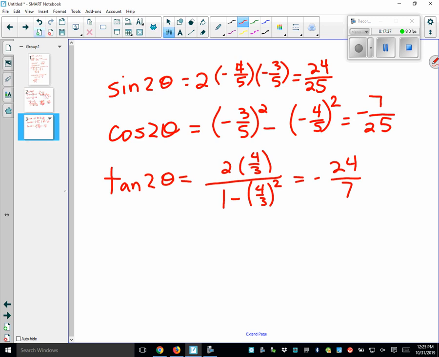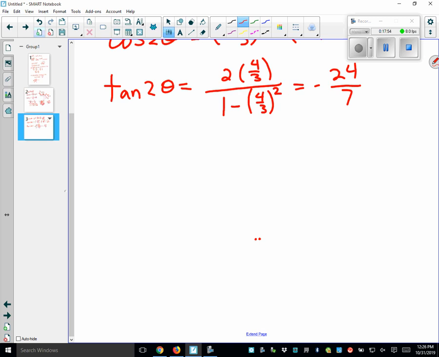Please don't do that. Are we good? Yes. Can we keep going? Good. What is the sine of theta over 2? Same triangle, same information.